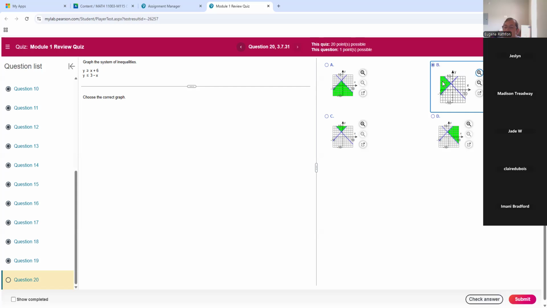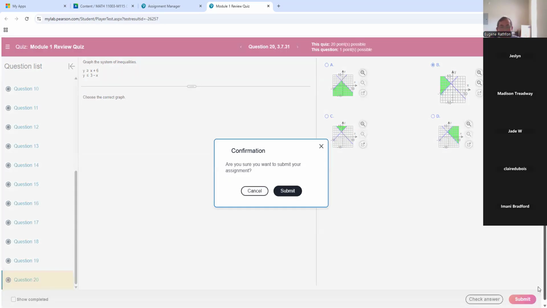So if I make that bigger, you can see it's shaded to the left. I think like 95% of these are the one that's shaded to the left. Every one I've ever done has been shaded to the left because above that line and below that one. So I don't know. We'll just have to see. All right, y'all, that looks like it. So then I would what? Submit that and be done.